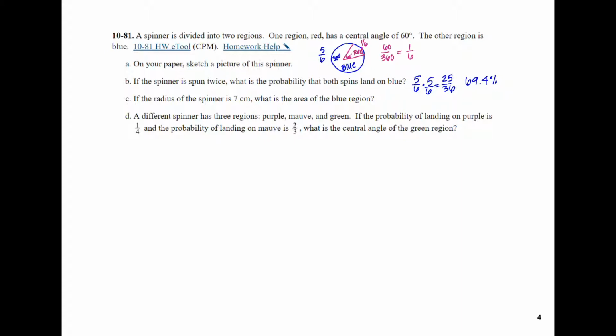If the radius of the spinner is 7 centimeters, what is the area of the blue region? So we can find the area of our entire circle by taking pi r squared. So pi times 7 squared gives us 49 pi.